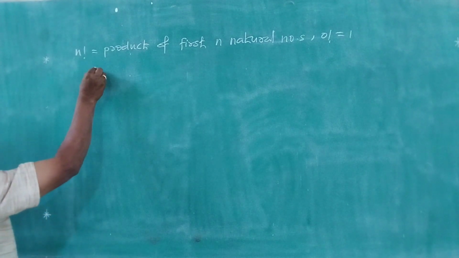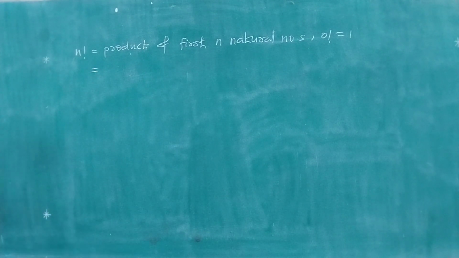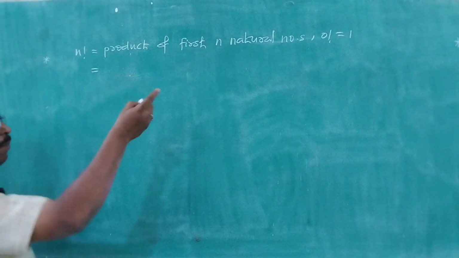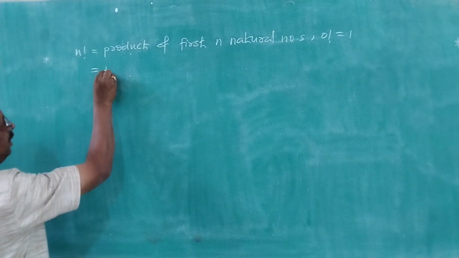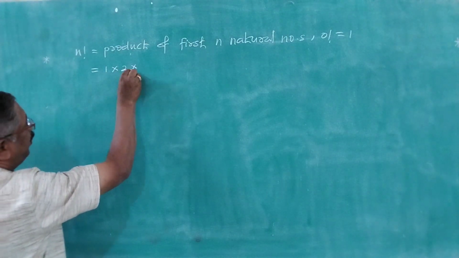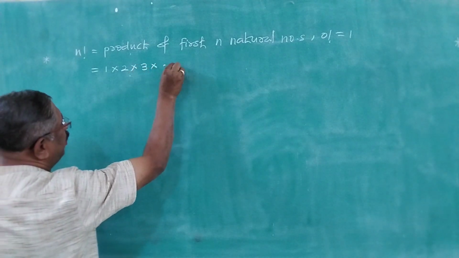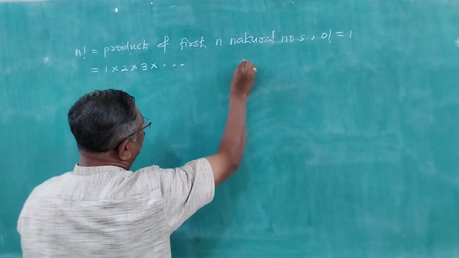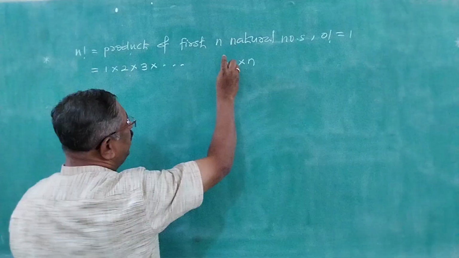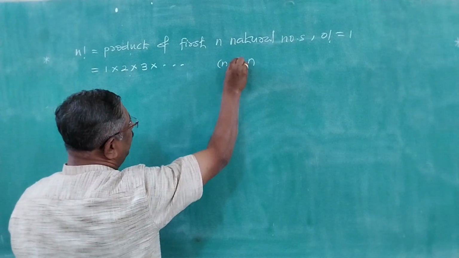If you look at this product of first n natural numbers, it starts with 1 up to n. It means it is nothing but 1 into 2 into 3 into 4 and so on up to n. The term previous to n will obviously be n minus 1.